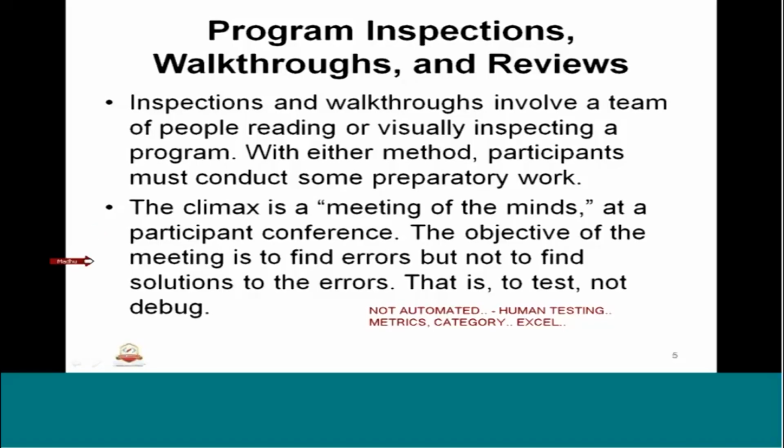The objective is to find the problem and conclude whether the problem is rightly identified or not. But no solution is going to be identified, just the reporting of the errors that are being inspected or reviewed. That is the aim of the next phase of the inspection or walkthrough.